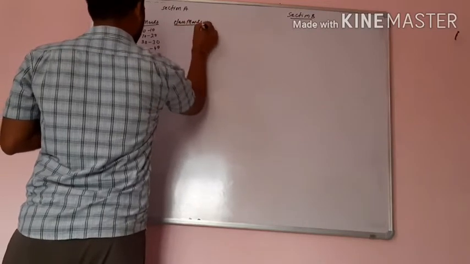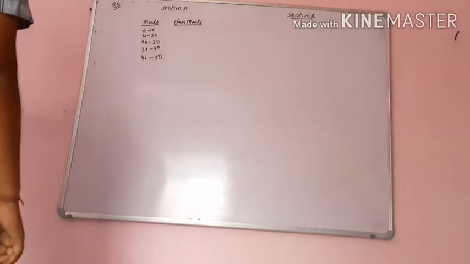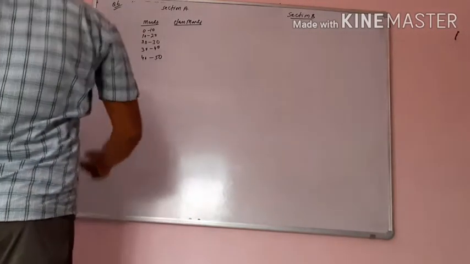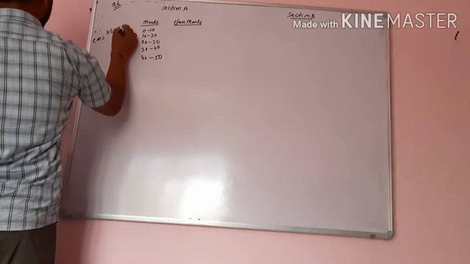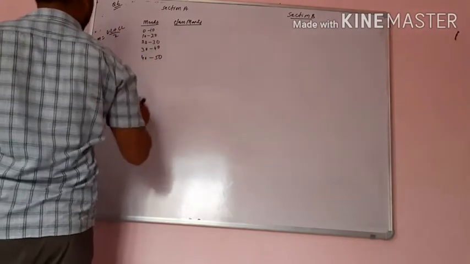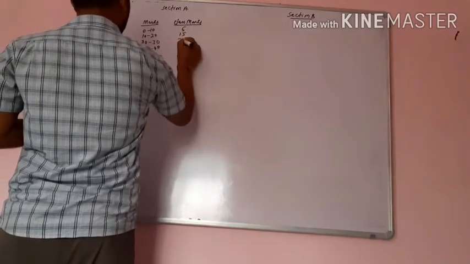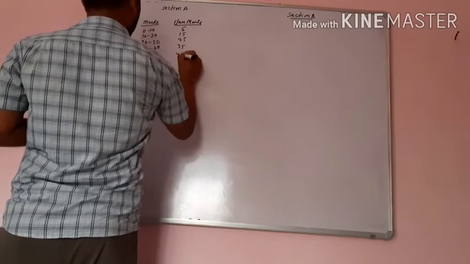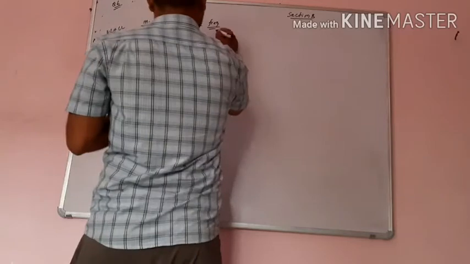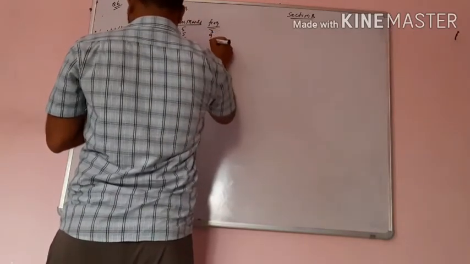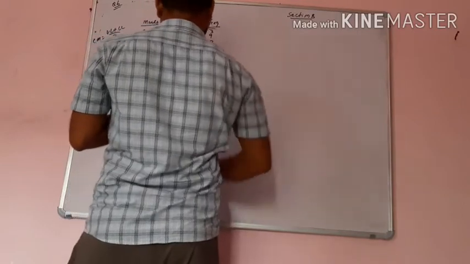Whenever we have to draw frequency polygons, we have to find class marks. And what is the class marks formula? Upper limit plus lower limit upon 2. So 0 plus 10, 10 upon 2, like this: 5, 15, 25, 35, 45 will come, and frequency will be 3, 9, 17, 12, 9.